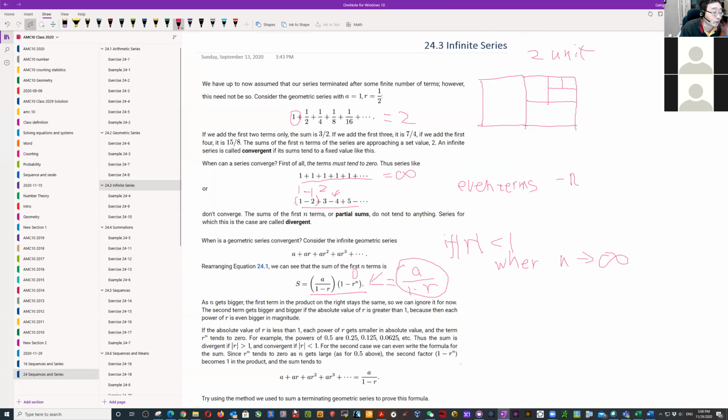So divergent series have a lot of forms, and we are basically dealing with infinity. So when going to infinity, it's going to be very strange.